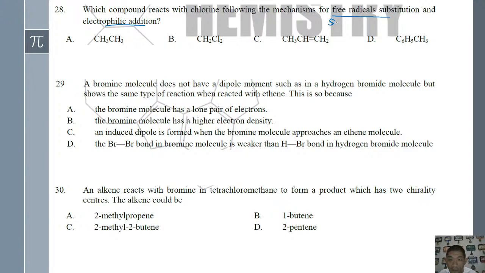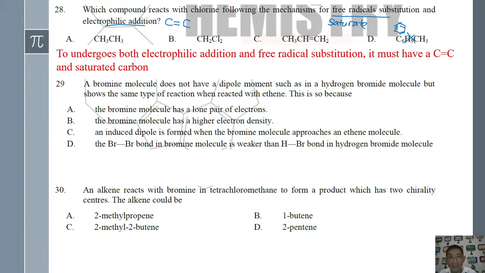This usually occurs for a saturated hydrocarbon. And electrophilic addition is usually going to C double bond C. Okay, so benzene, an aromatic compound, cannot undergo electrophilic addition reaction, so D is already out of our choice. So the best answer in here will be C.